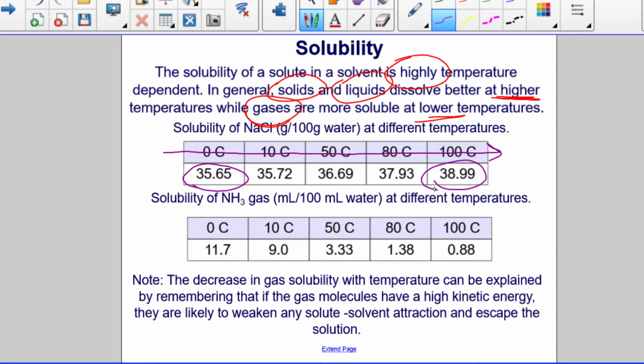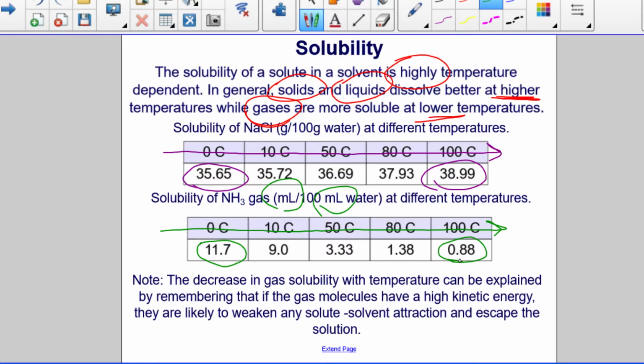Whereas, let's look at this gas, NH3 gas, and I've switched here to milliliters of gas per milliliters of water. Obviously easier to measure the volume of a gas than it is to measure the mass in grams. So again, as I increase my temperature from 0 to 100 degrees C, look how much the solubility decreases from 11.7 milliliters per 100 mils of water all the way down to 0.88 milliliters per 100 mils of water.